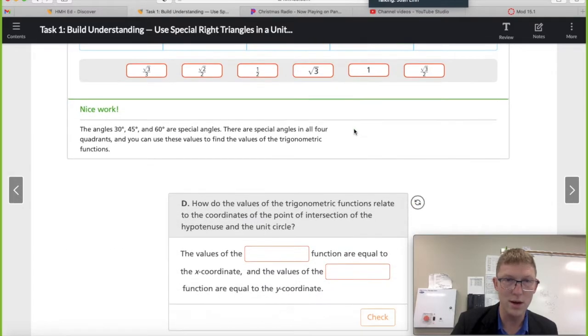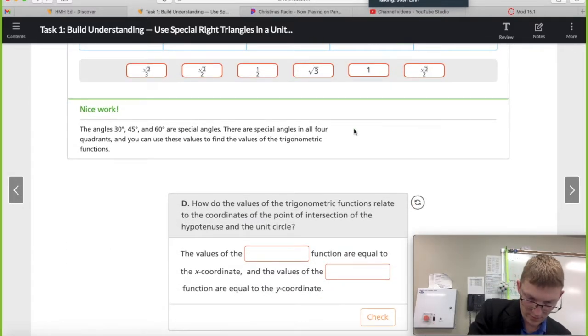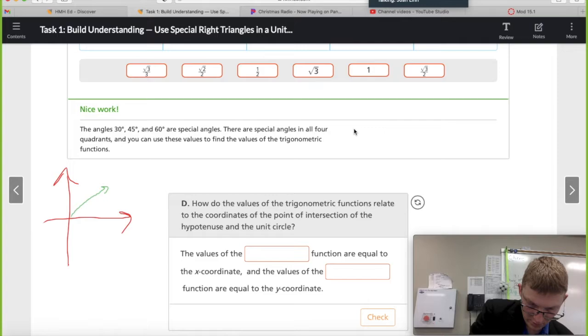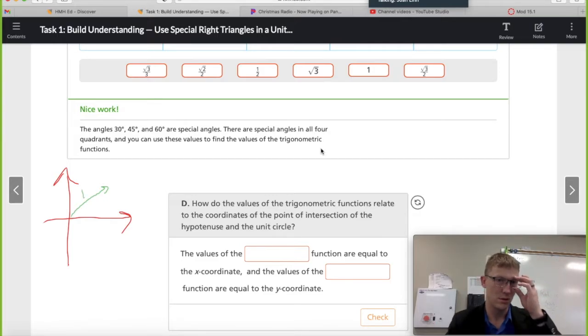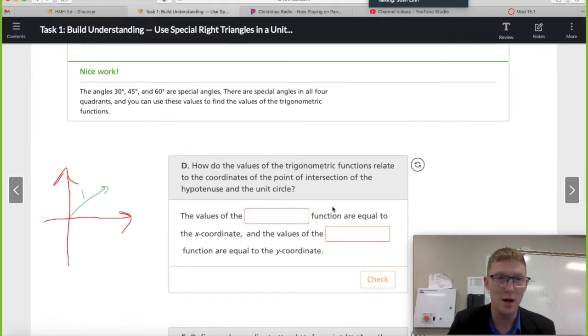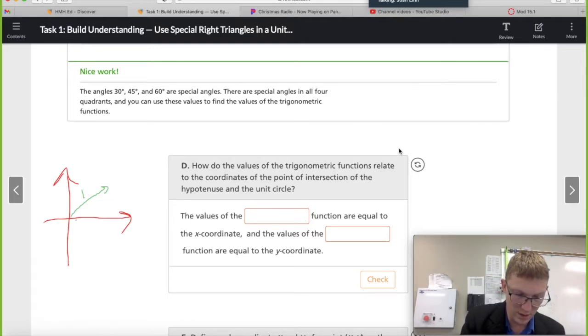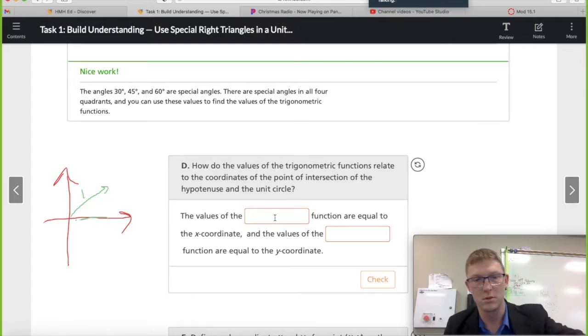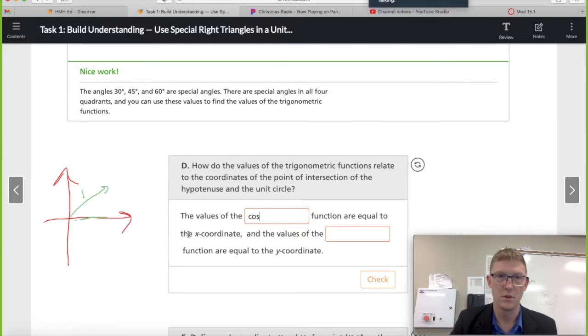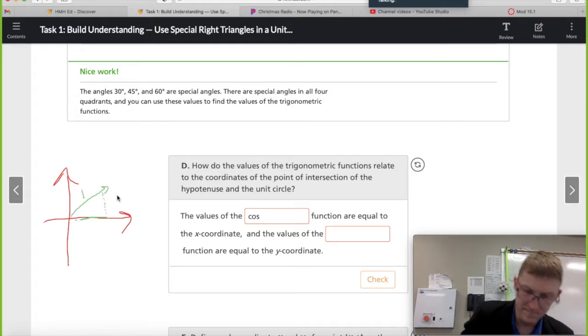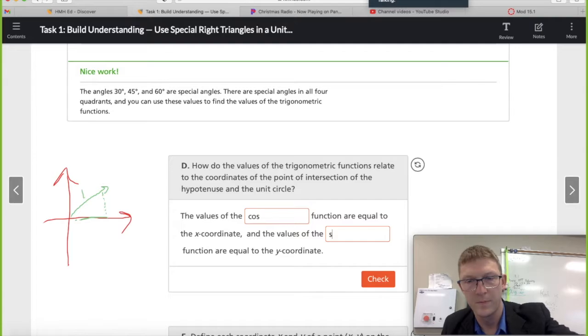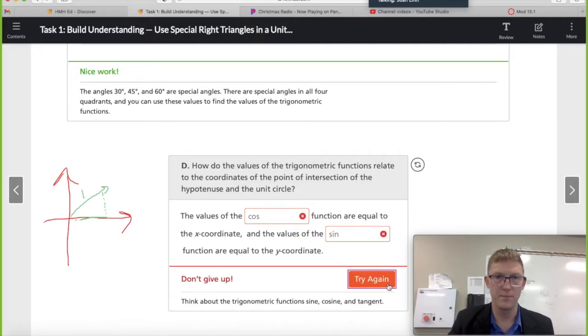So what I'm doing right now is I'm imagining an angle right here. So I know that one's always 1 because it's a unit circle. So the cosine is going to give me my x value. And the sine, which is going to give me this part, is going to give me the y-coordinate.